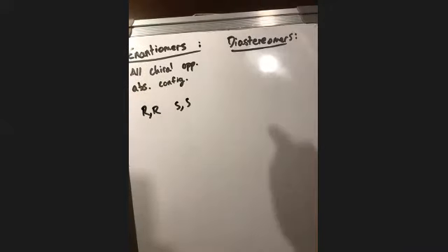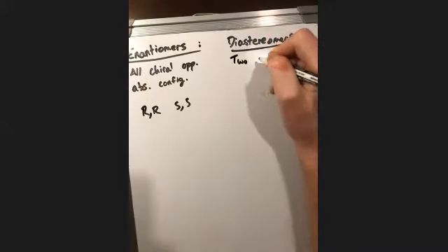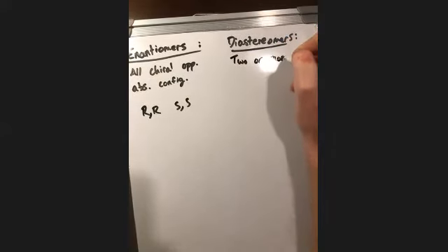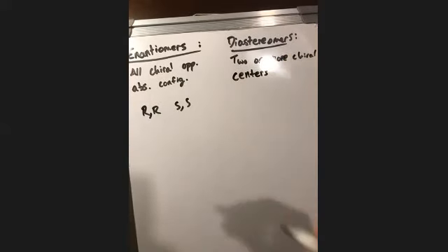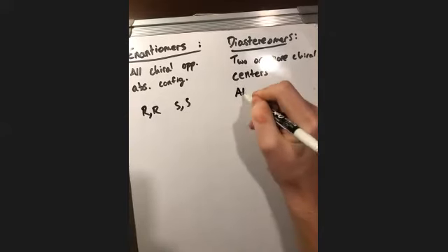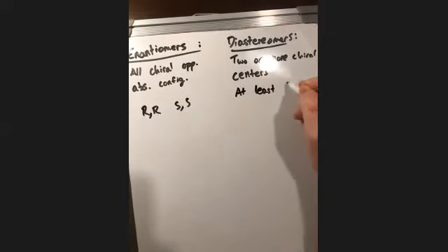A diastereomer is where, by definition, you have to have two or more chiral centers. And only one, well, not all of the chiral centers are different. At least one, but not all.